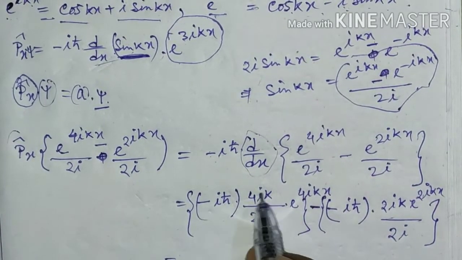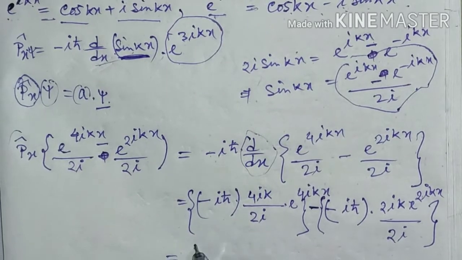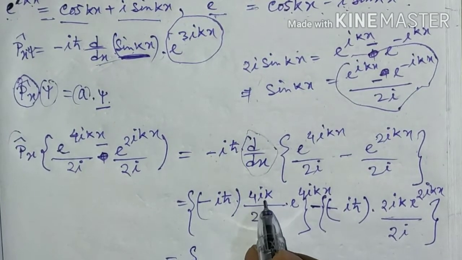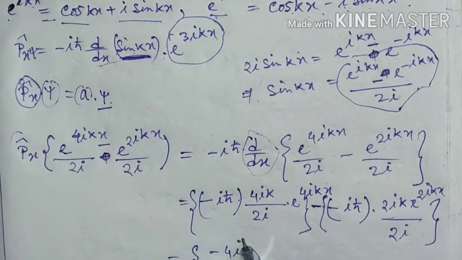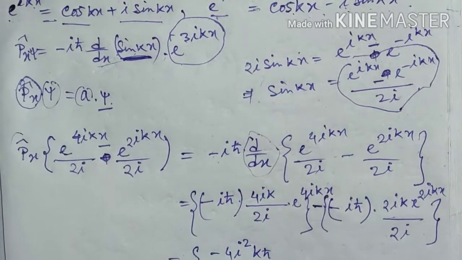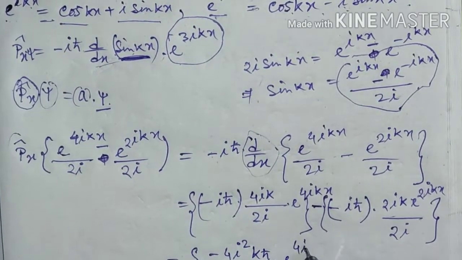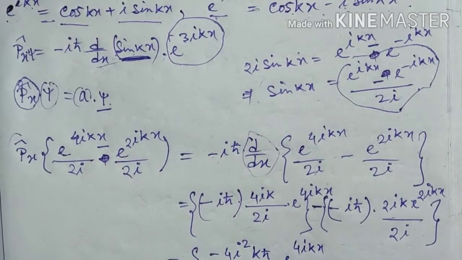So if you multiply this term with minus iħ, that will be 4i² kħ times e to the power 4ikx divided by 2i.